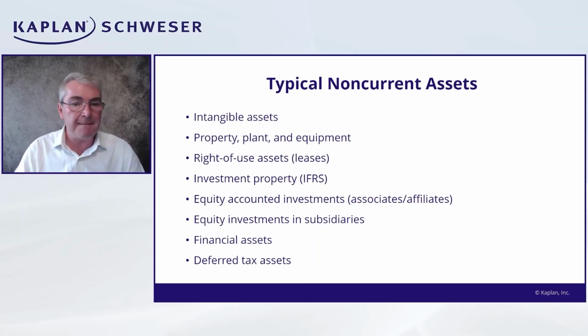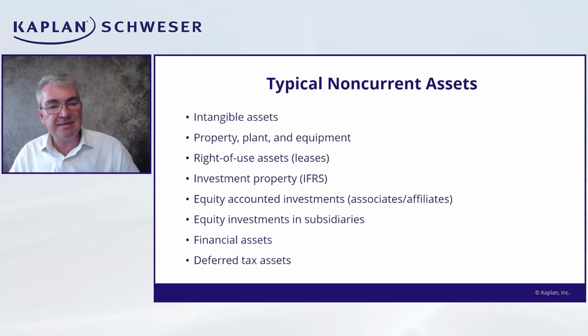Property, plant and equipment, PP&E, often referred to as being tangible fixed assets because you can touch, feel and stroke these assets if you so wish. So these have physical form. Property is obviously buildings, land, etc. Plant and equipment is machinery, fixtures and fittings, etc. that we're going to use in the production process or retail outlets, whatever.